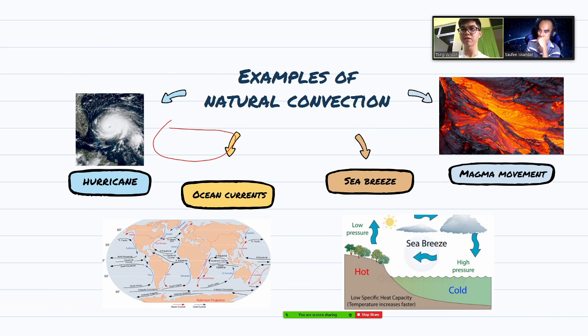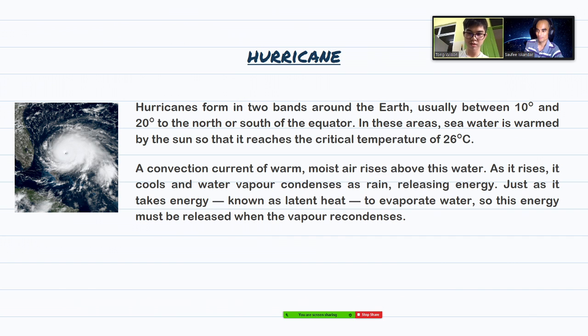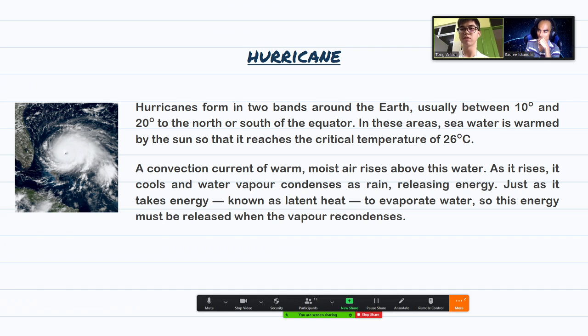Examples of natural convections include hurricane, ocean currents, sea breeze, and magma movements. In a hurricane, hurricanes form in two bands around the Earth, usually between 10 degrees and 20 degrees to the north or south of the equator.